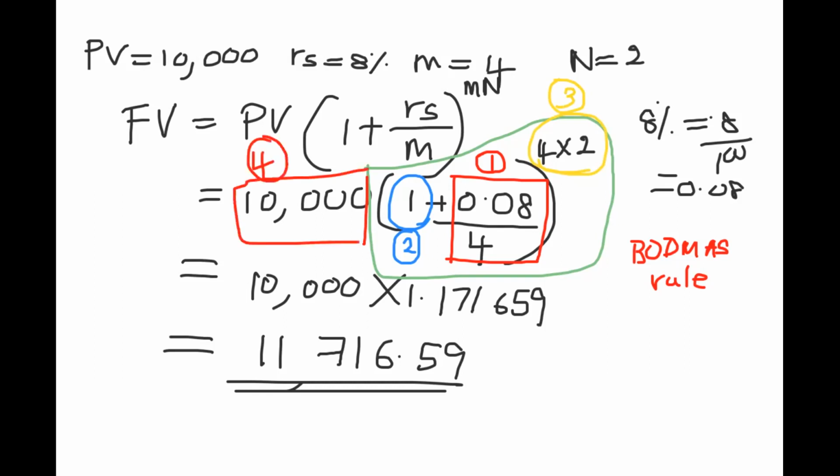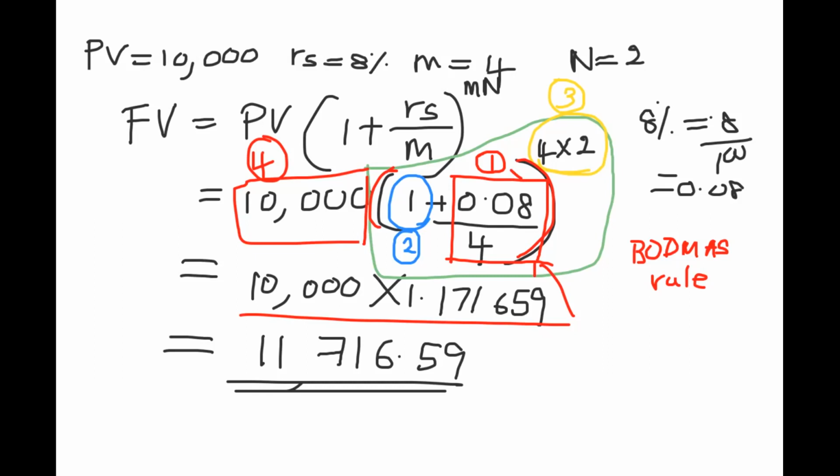That is done in here. Firstly, you are solving this, and then for the solved amount, you are adding 1. And for the whole thing, because it has parentheses, you have to put the power of 8 to the whole bracket amount.